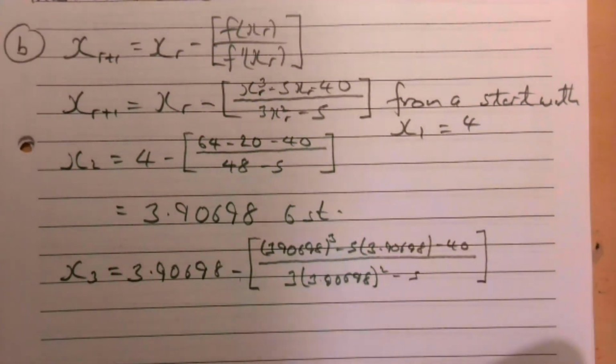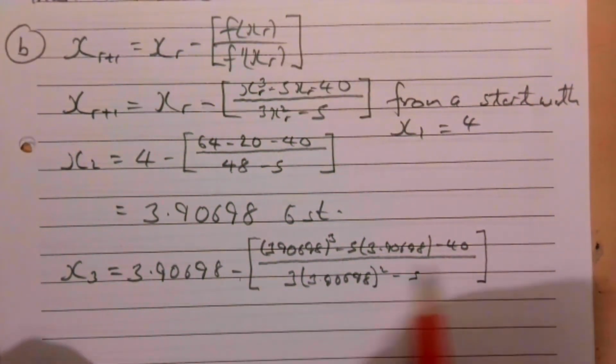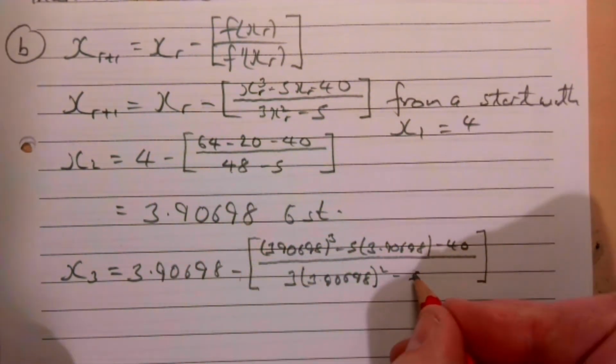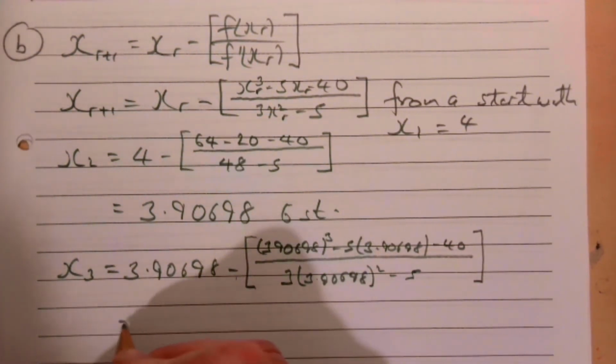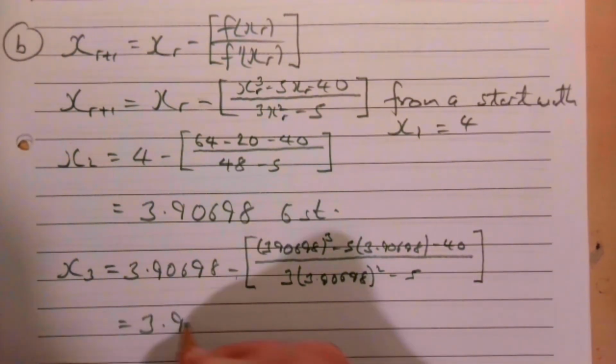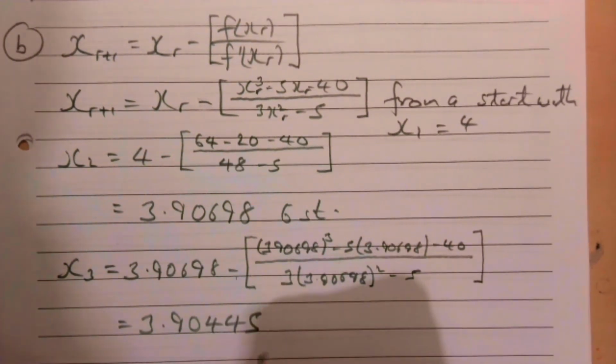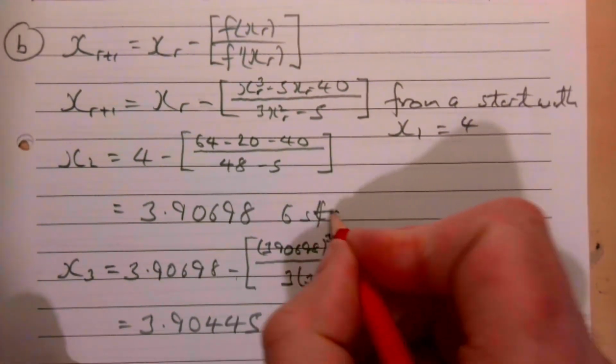There is a way of getting the calculators to work out the next value, and I'll maybe do it in one of the other examples. If you put that into your calculator, you get 3.90445, again to 6 significant figures.